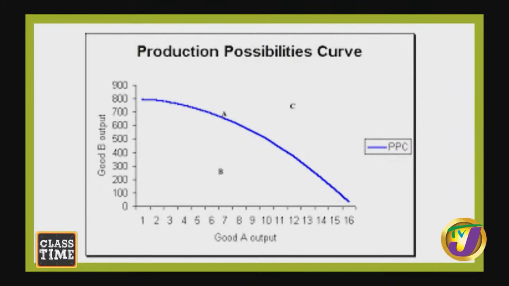The only way that the society will be able to produce at point C, based on the factors that we looked at before, is if there's an improvement in technology or discovery of new resources, that you will see a pivot outwards that will facilitate the production there.